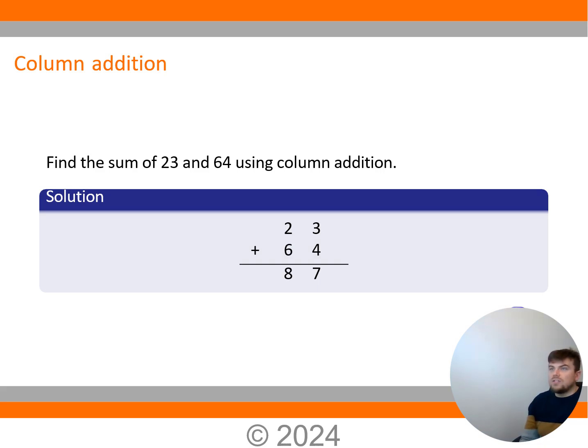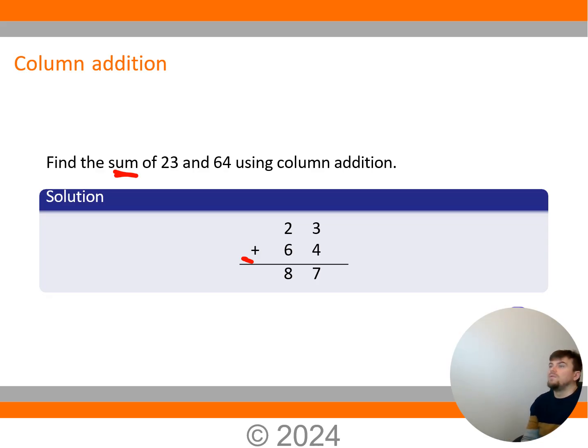So find the sum of 23 and 64 using the column addition method. Again, we know that sum means add, and we use column addition here. So it's really important how we set this out.